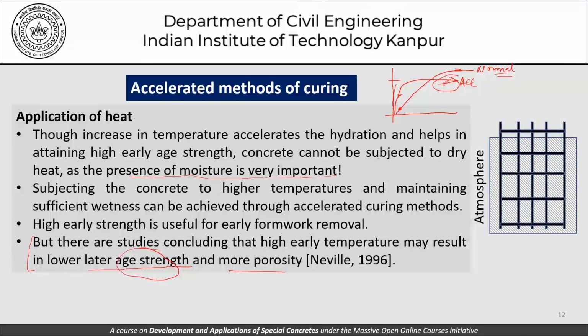So this is a trade-off. Sometimes we have to go with this accelerated curing. It's not a matter of we want to, but we have to forego this final strength bonus which we can get if we had the luxury of curing the concrete normally.